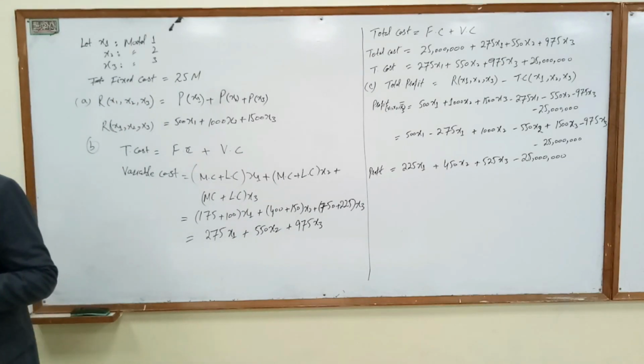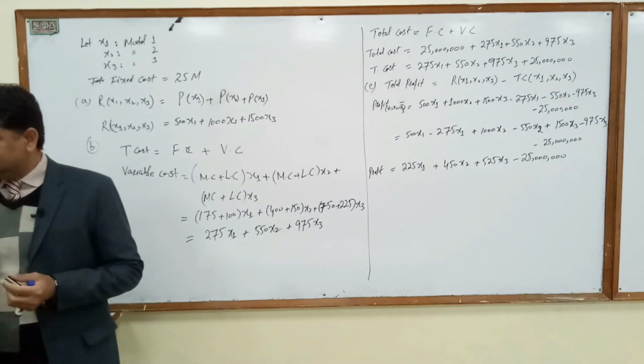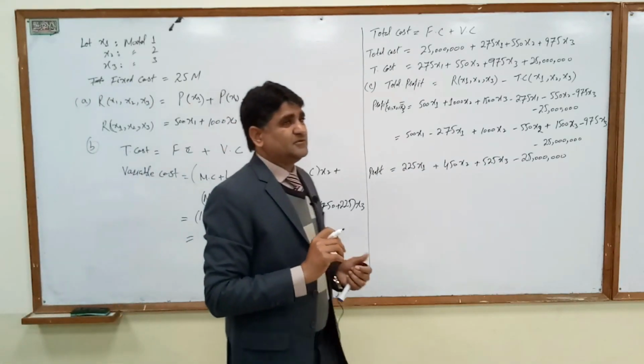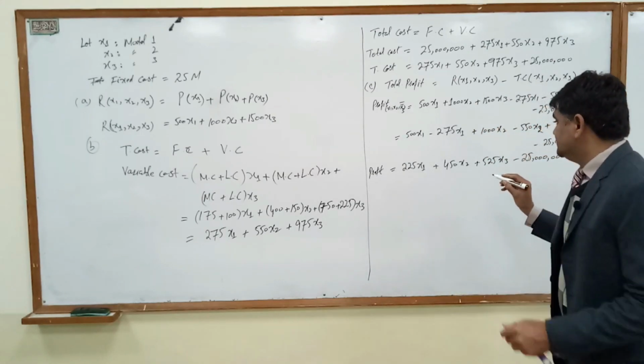What is part D? What is the annual profit if the firm sells 20,000, 40,000 and 10,000 units respectively of the three models? It means the value of x1 is 20,000, the value of x2 is 40,000 and x3 is 10,000.